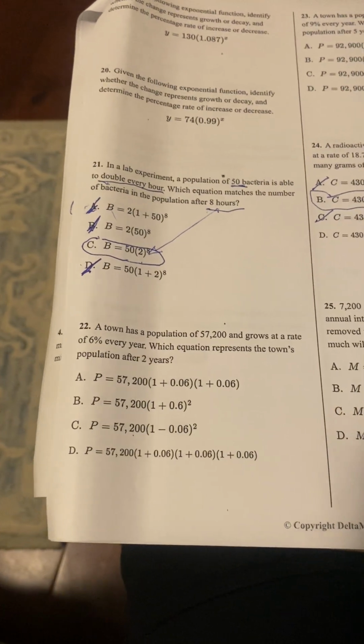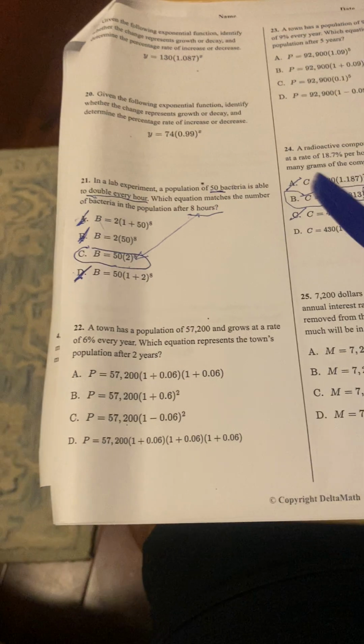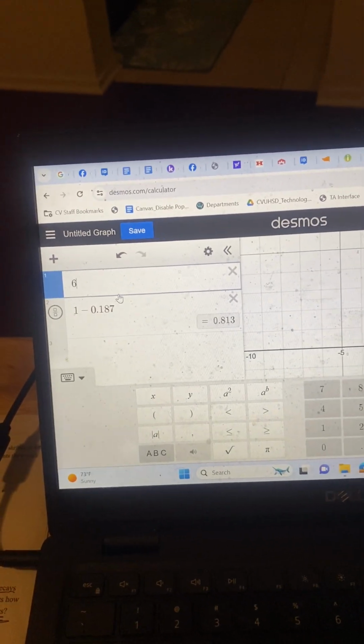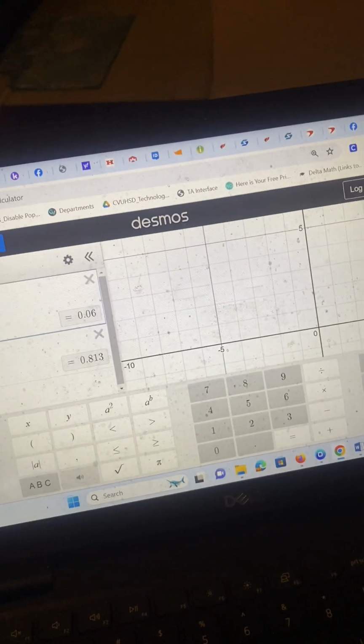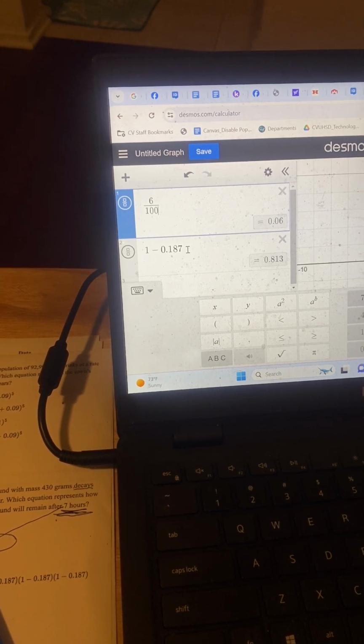Now we want to grow by 6% every year. That means we're going to add 6% every time, but you have to remember how to change 6% to a decimal. Take your 6 divided by 100, and you get 0.06.